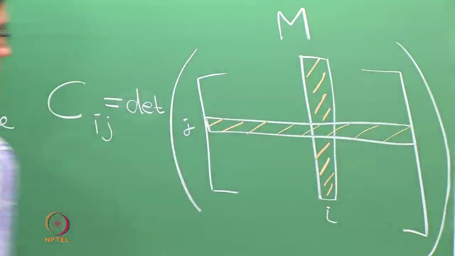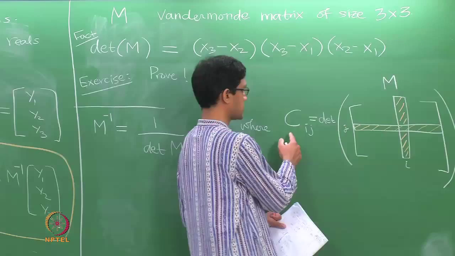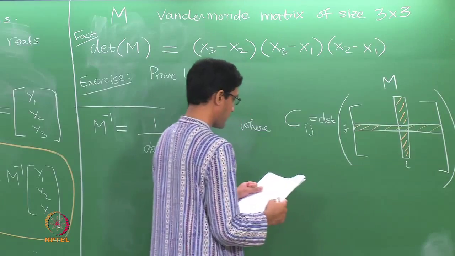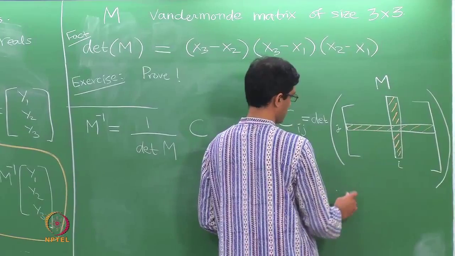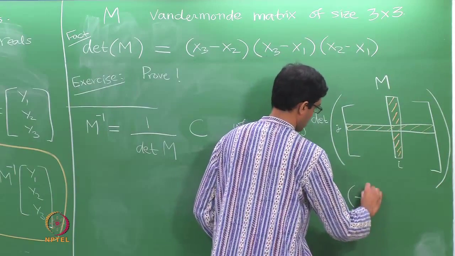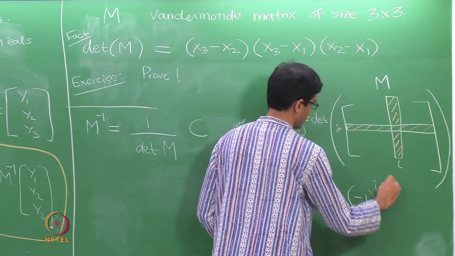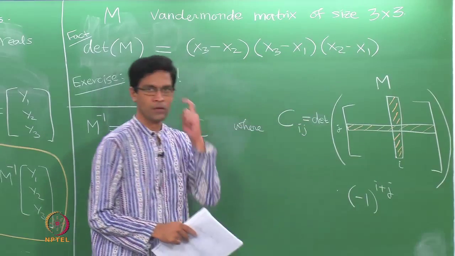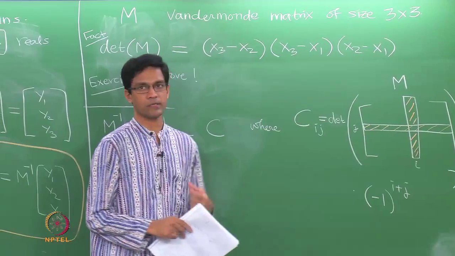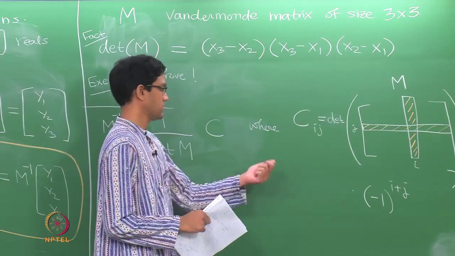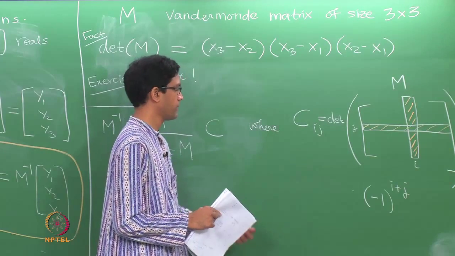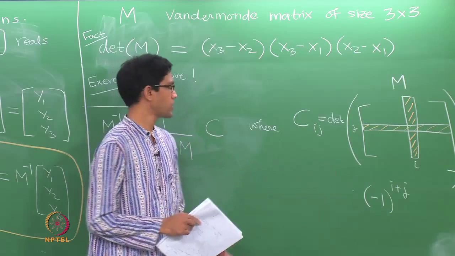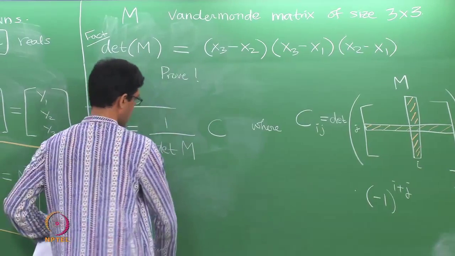Cij is that determinant multiplied by a certain sign, plus 1 or minus 1, given by the explicit formula minus 1 to the i plus j. Such an expression is sometimes called the minor of the corresponding element of M. In any case, if you've not seen this before, it's not a big deal. I'm not going to worry too much about this.